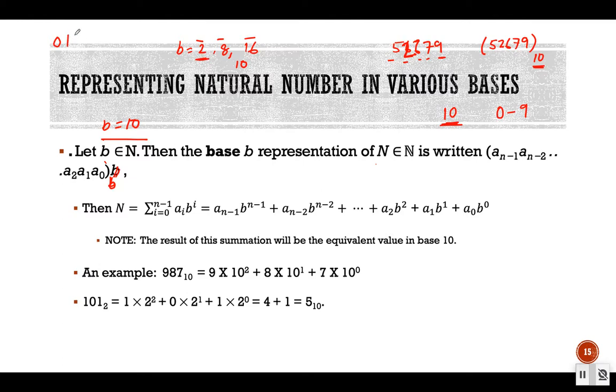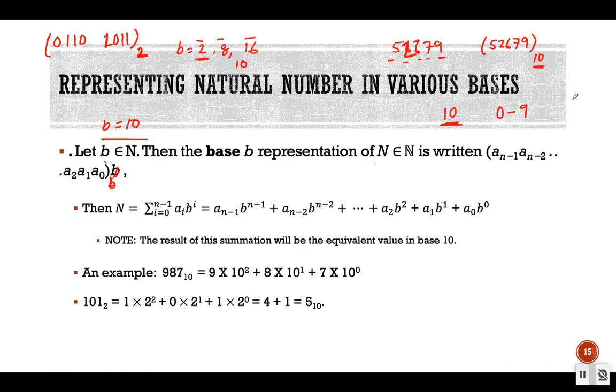For example, 1011, then we have to say that this is base 2 and we write it like that. So all the numbers here are in base 2, so it's not like 1011 in base 10. This number is a number in base 2.